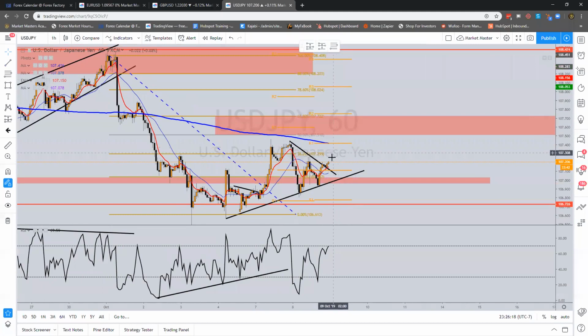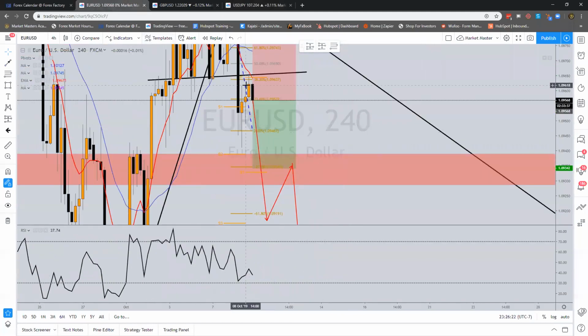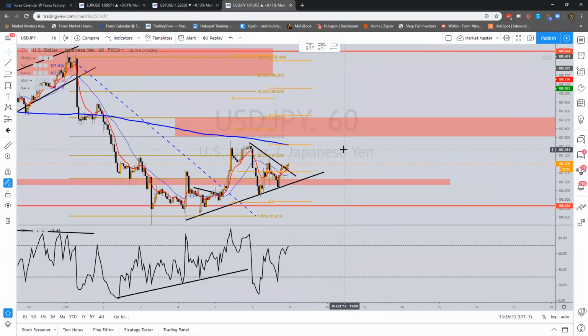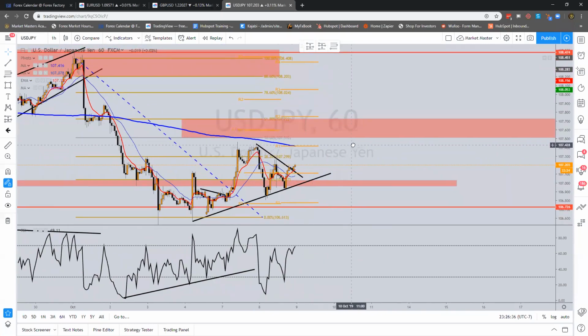There might be some reaction right here on the resistance, but kind of just like all these, this is most likely going to drop down and have some reaction here. So same thing with UJ. It might be going up and have some reaction right here coming down. So I'm going to be on the lookout for that.